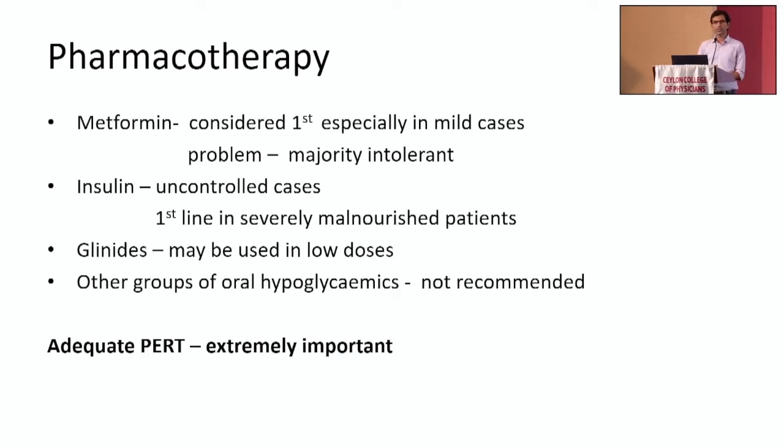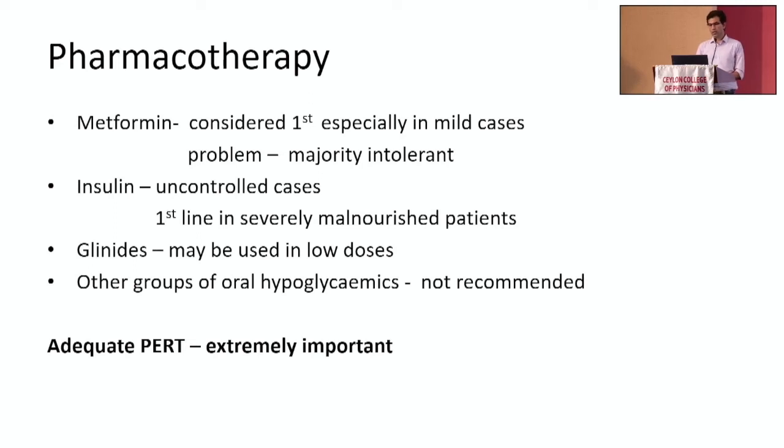In those patients, insulin has to be prescribed, and insulin is first line in severely malnourished patients because of its anabolic effects. The glinides may be used in low doses, but the other classes of oral hypoglycemics are generally not recommended in this group of patients because of their side effect profiles, and they are more prone to hypoglycemia.